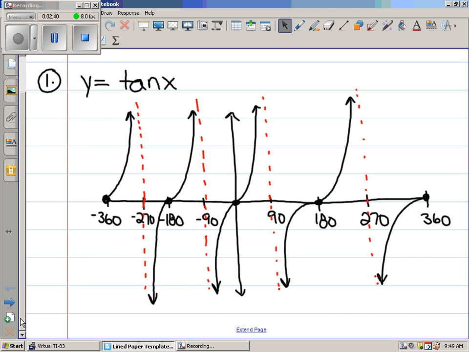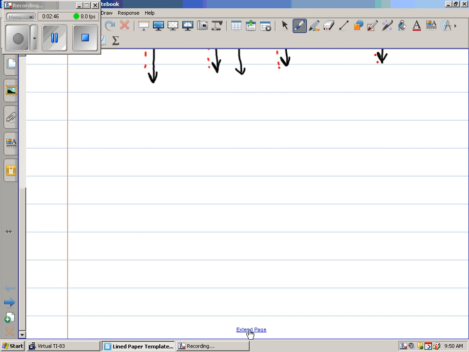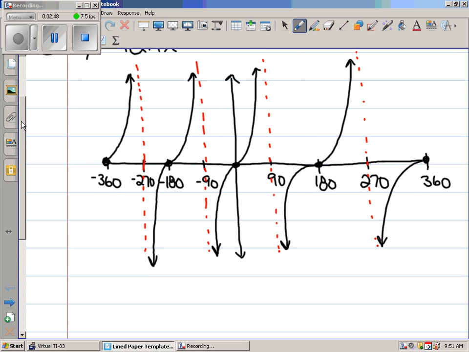And that's what I want you to draw on your sheet. That's it. So each one of these hash markers written down is an asymptote. And this is what the tan graph looks like.